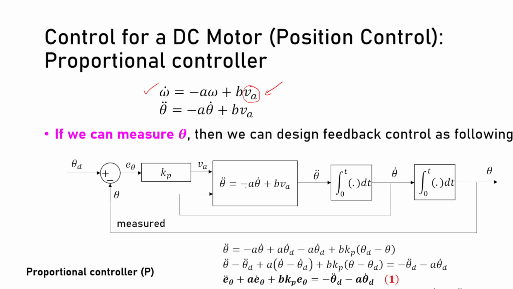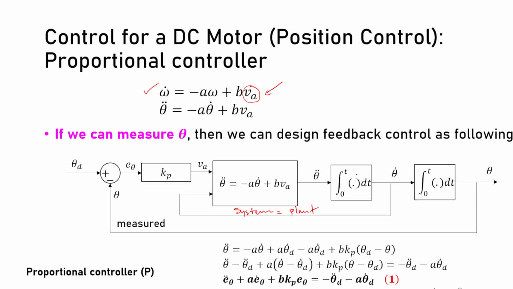So first the system. This part is the system, or you can say plant. Again, here you have the input as a voltage. You supply a certain voltage VA, then you can compute the right hand side of the differential equation, which is theta double dot.